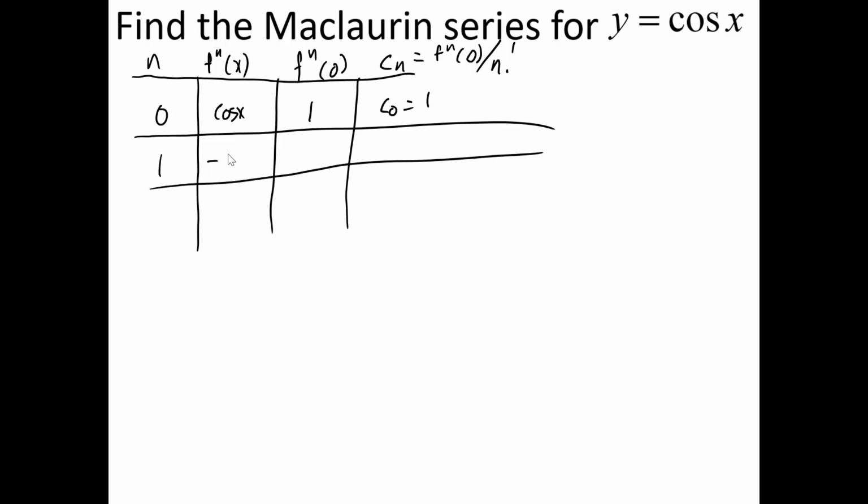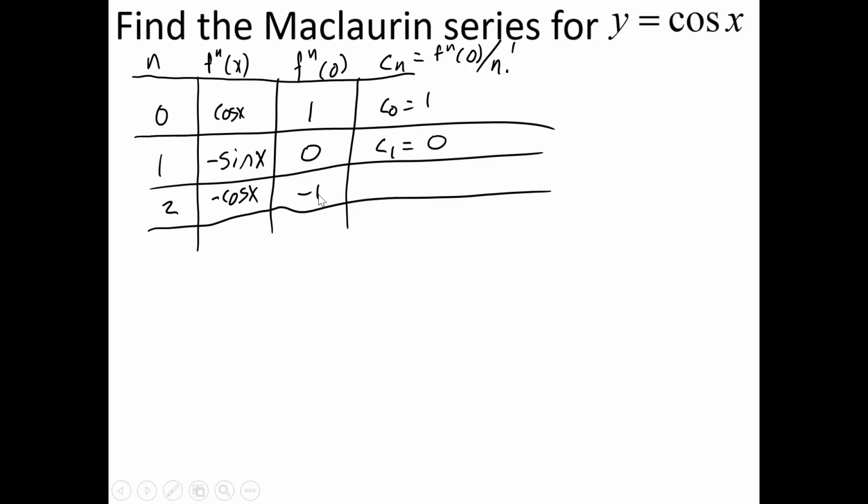When n is 1, you get the negative sine of x. Put in the 0, you get 0, and so then your C1 is 0. When n is 2, you get the negative cosine of x. You plug in the 0, you get the -1. And then your C2 is -1 over 2 factorial.